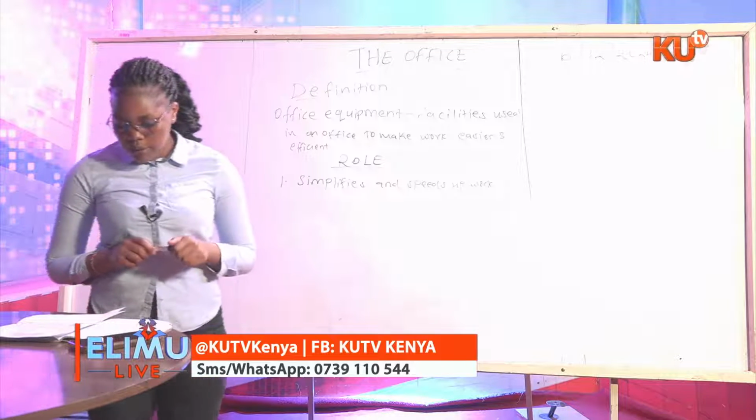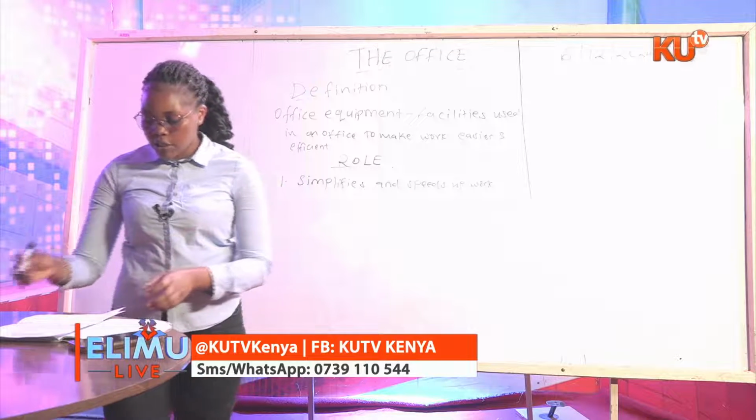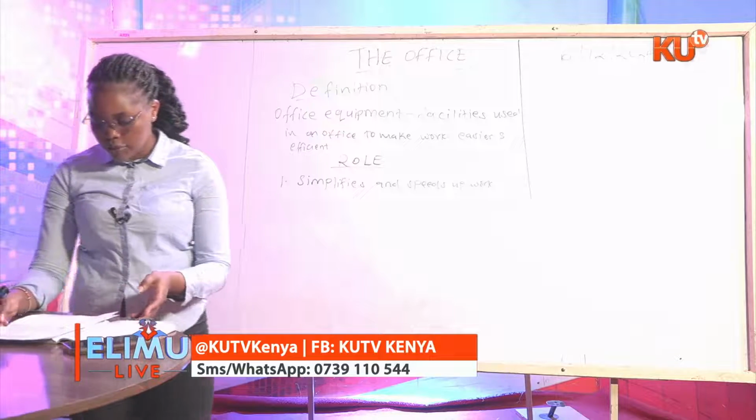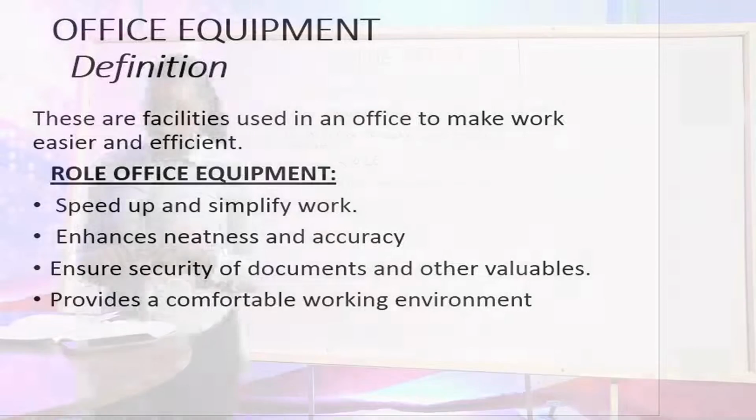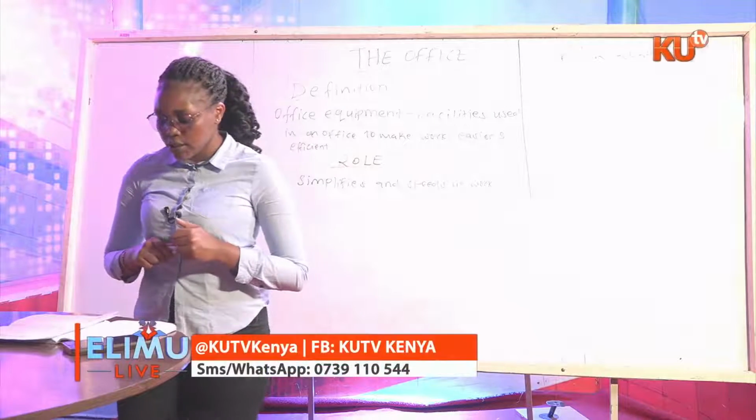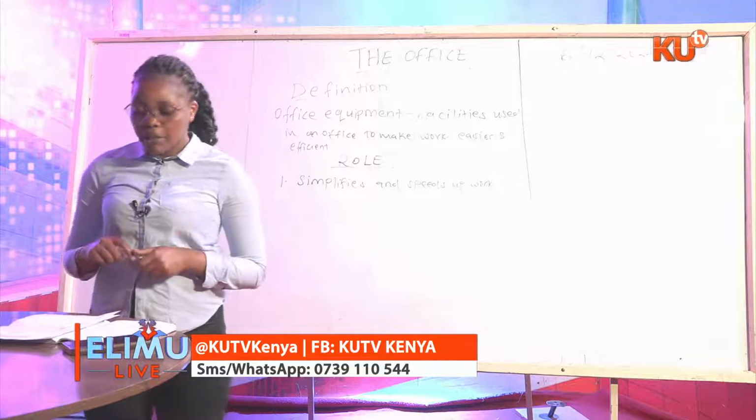Also, role number 3 is to ensure security of documents and other valuables, especially things like files and the folders that we have. That is why you consolidate all our documents to keep them safe, and whenever we need to retrieve them, we get them there safely. Also, there is something like a paper shredder.